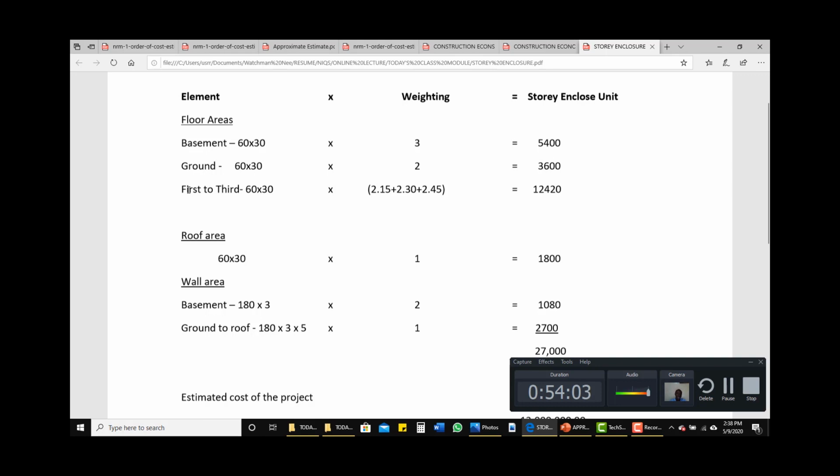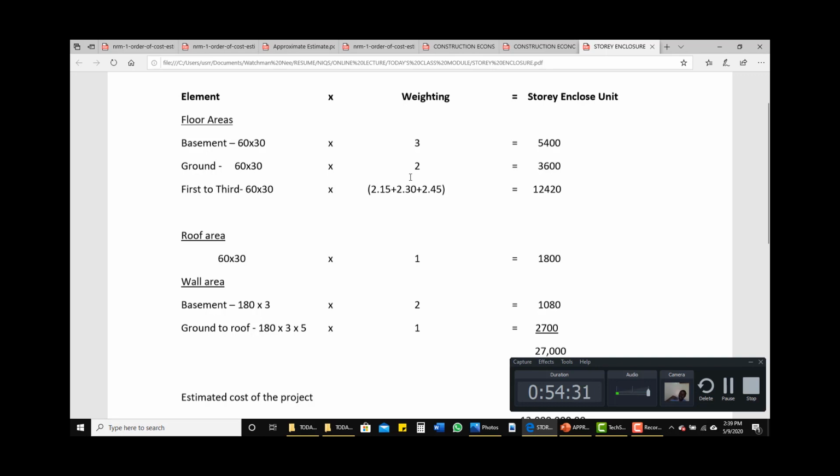Then from first to third floor is 60 multiplied by 30, the same dimension as we have for the basement and ground floor. But this time around we are multiplying with a weighting factor, and the way it works is that the ground floor is a factor of 2.